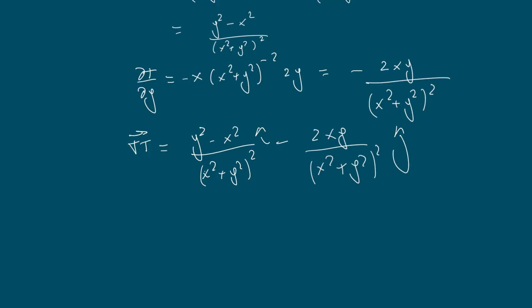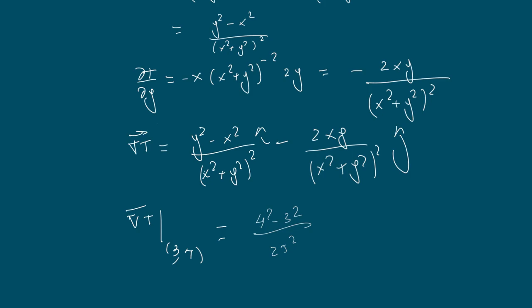Okay, and at the point (4, 3), the value of the gradient of T will be 4 squared minus 3 squared divided by 4 squared plus 3 squared, which is 25 squared.